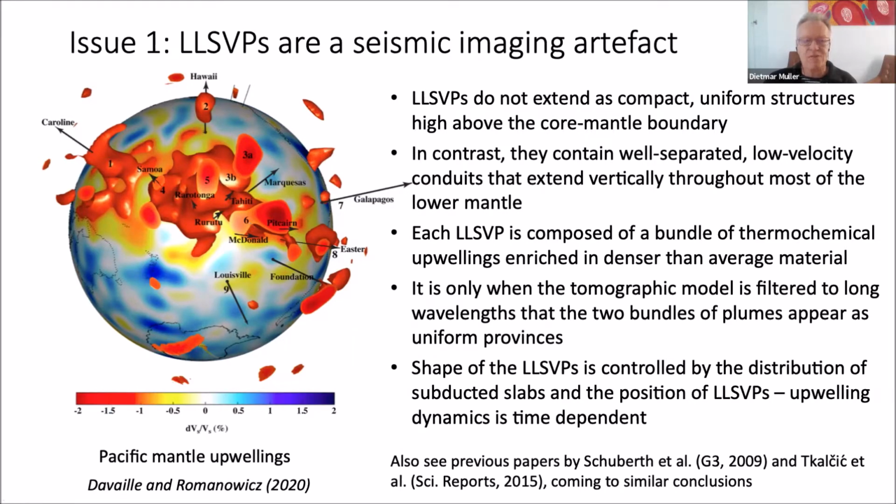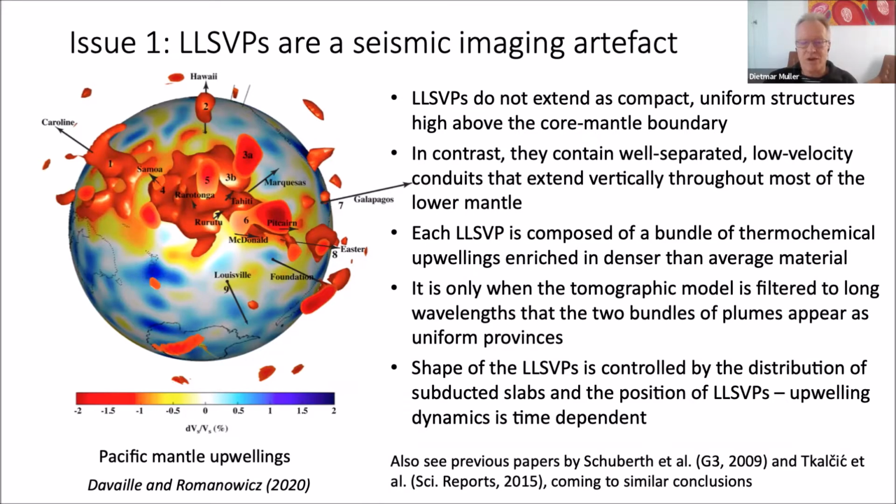And each LLSVP is composed of a bundle of thermochemical upwellings enriched in denser than average mantle. And it is only when the tomographic model is filtered to long wavelengths that the two bundles of plumes appear as uniform provinces. So the shape of LLSVPs is controlled by the distribution of subducted slabs, something that's been found in numerous independent geodynamic models, and the position of LLSVPs and upwelling dynamics should therefore be time dependent.